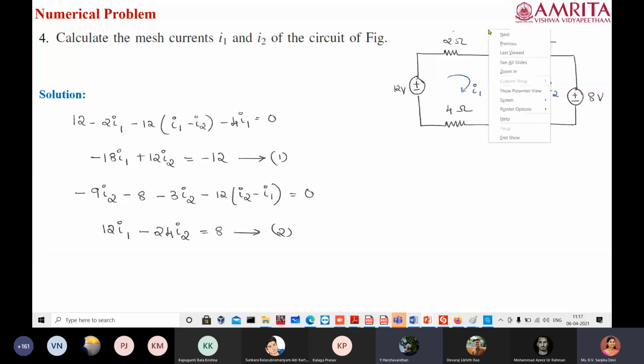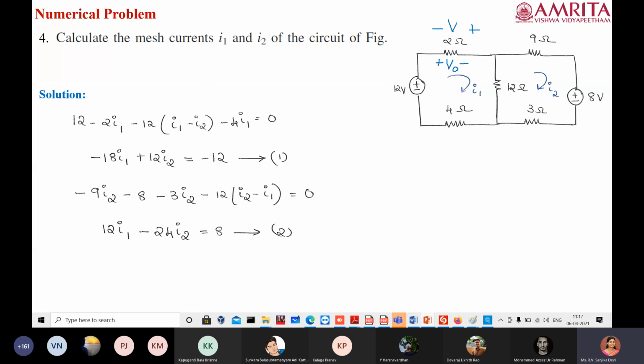Actually here when the current is flowing, this terminal should be plus and the other terminal should be negative. So if they give you, for example, a voltage called V naught, then V naught is 2 times I1. Directly we can write. But if they give an opposite polarity, say minus plus in the opposite way with a new voltage called V1, then we have to write V1 equals minus 2 I1. Yes.